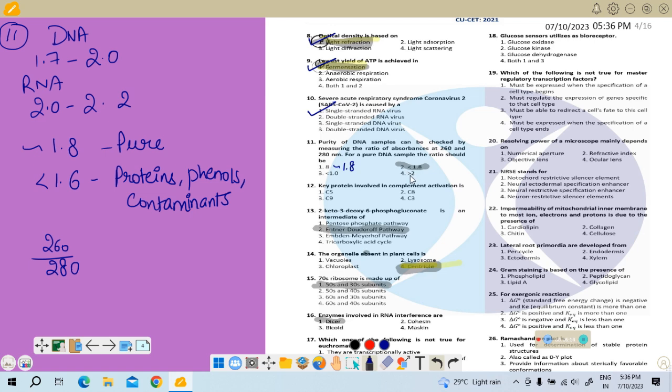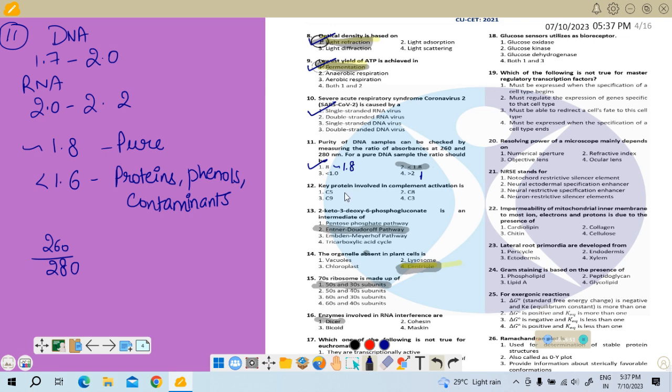Then proteins, phenols, so some impurities will be there. If it's less than 1.0, that is irrelevant. Obviously some impurities will be there. Then more than 2, so 2 to 2.2, that is about RNA. So more than 2 means degradation of RNA. So this is equal to 1.8.